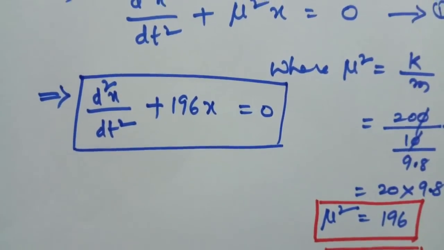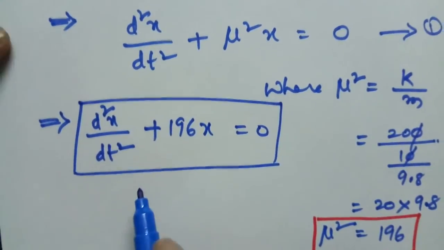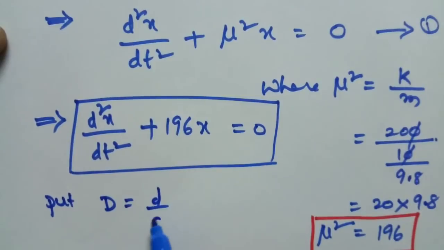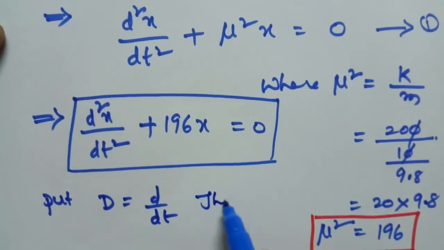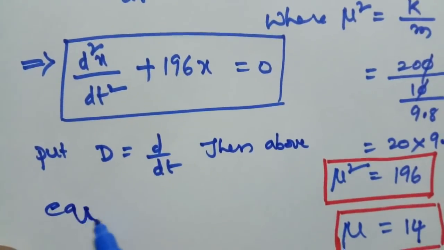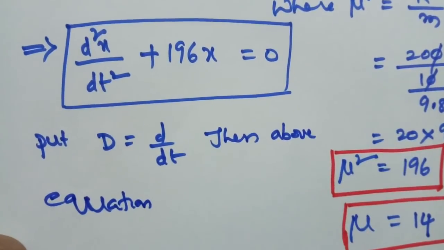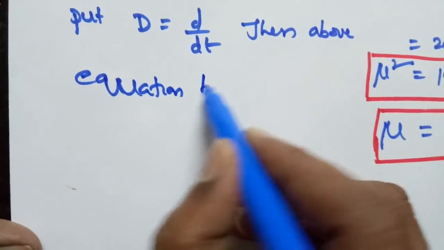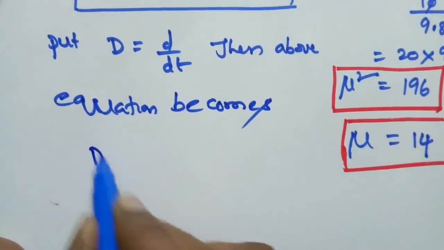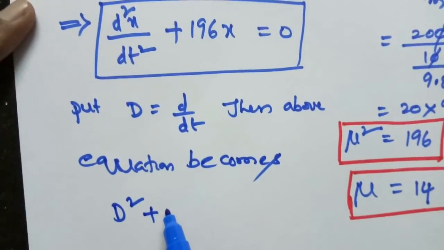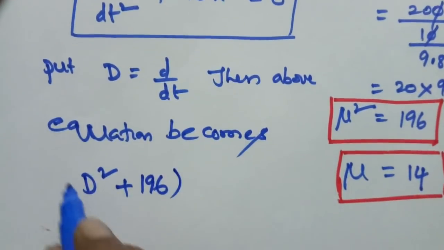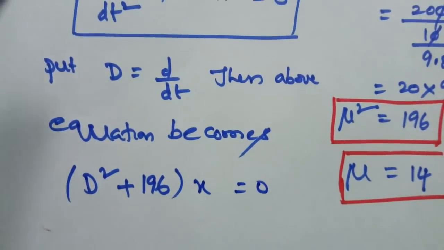This is the equation. Now put D is equal to d by dt. Then the above equation becomes capital D square plus 196 into x equal to 0.